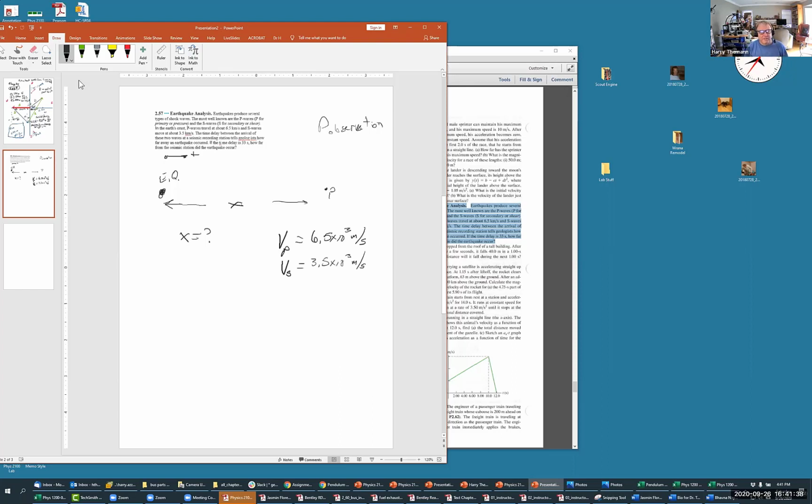There's no acceleration, so that's good. All I know is that there's a delta t arrival equal to 33 seconds.